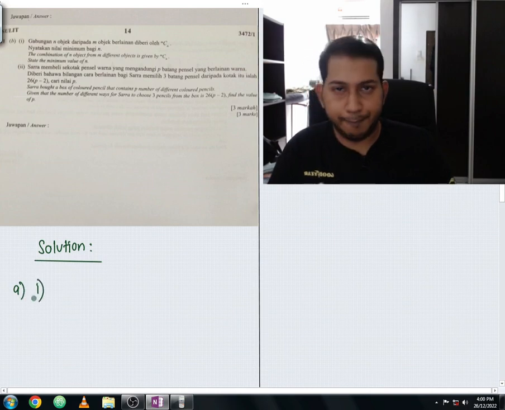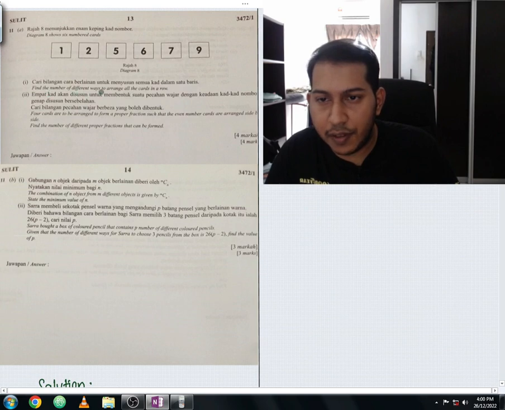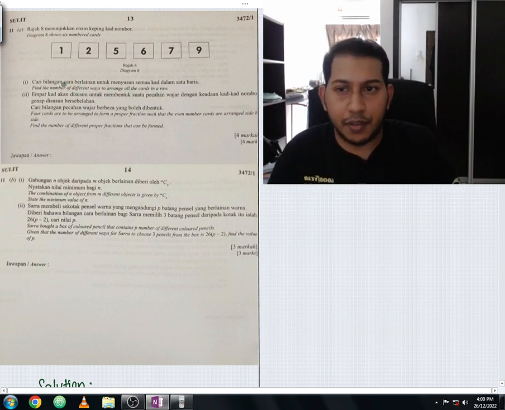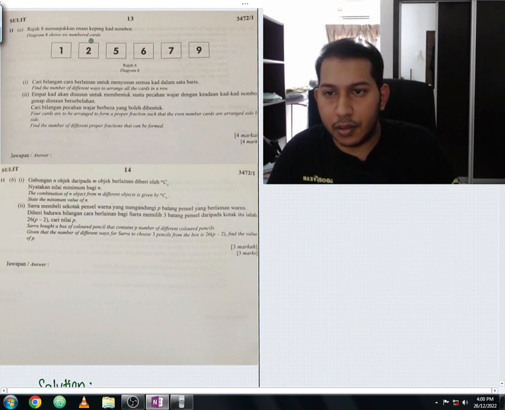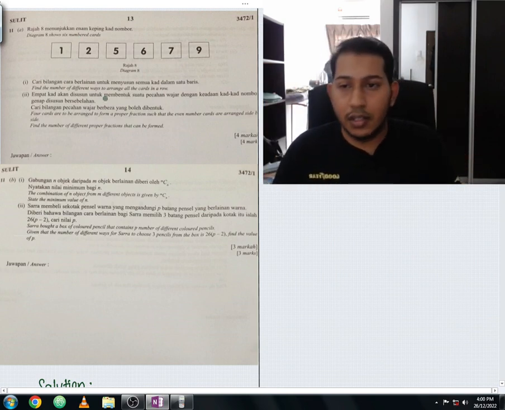Okay, let us start. The question asks us to find the number of different ways to arrange all the cards in a row. As you can see, how many cards do we have? Let us count one by one: 1, 2, 3, 4, 5, 6. You have 6 cards. Do they have any restriction or conditions? There's no conditions, no constraints.